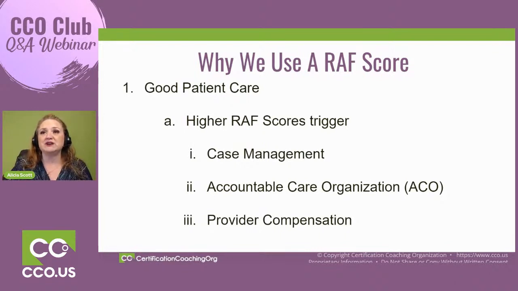So good patient care. And the way it starts out is that if you have a RAF score that is higher, then it's going to prompt these triggers. One, case management. So you have a patient that comes into the hospital or the doctor's office, but let's say the hospital, and they are a new diabetic. They're 65 years old, and they have a family history of diabetes.